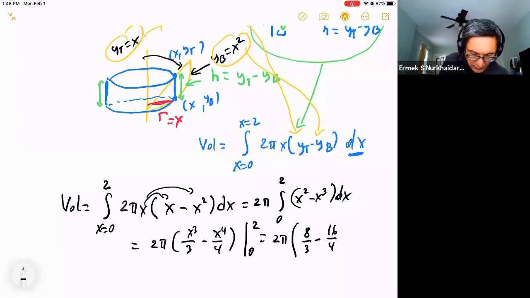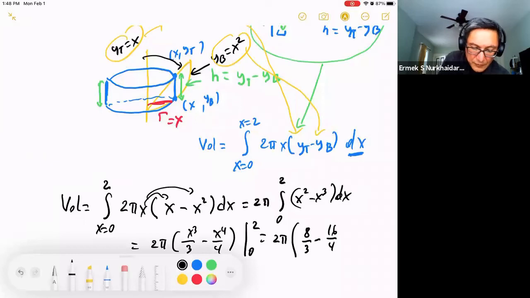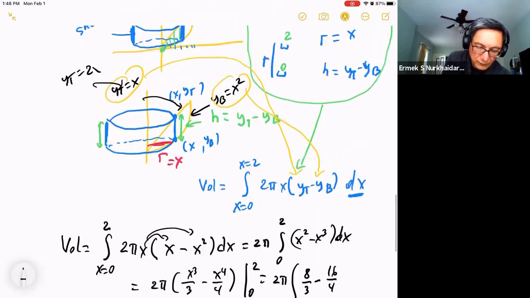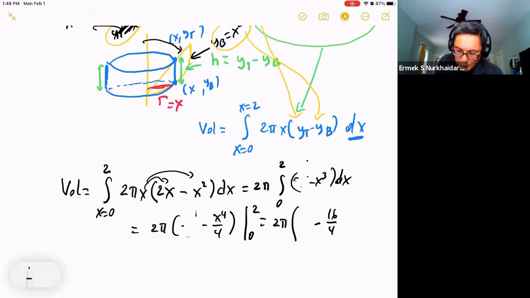I'm not sure why I wrote x. Thank you. Y top is 2x, not x. I looked at the wrong function. I should have looked more carefully. So y top is 2x here, x squared here. So we're going to get 2x cubed over 3.